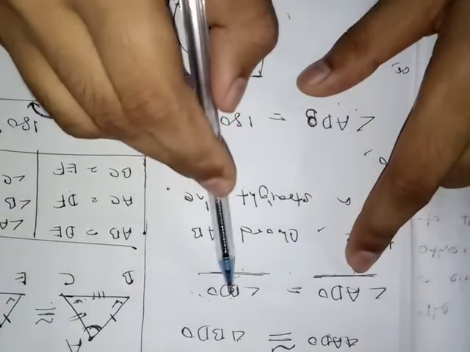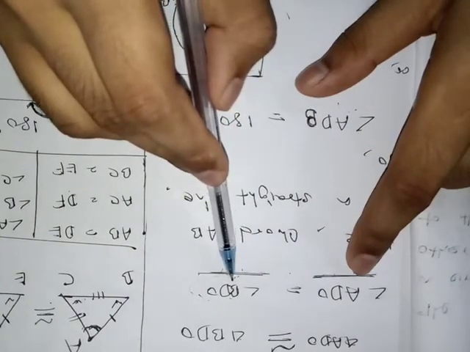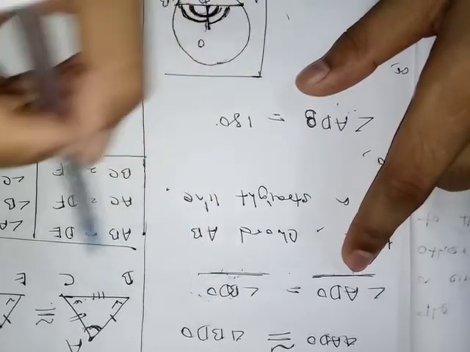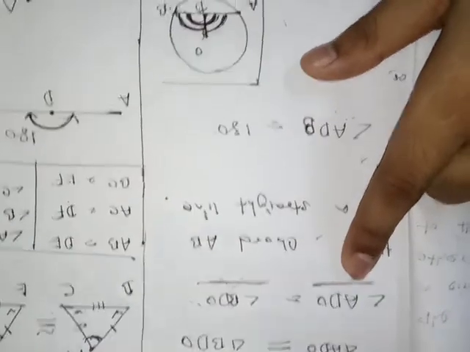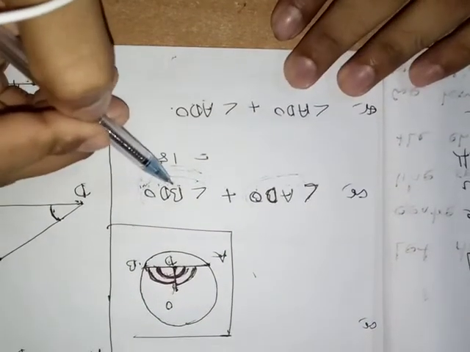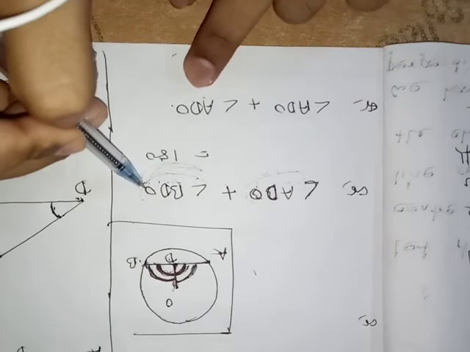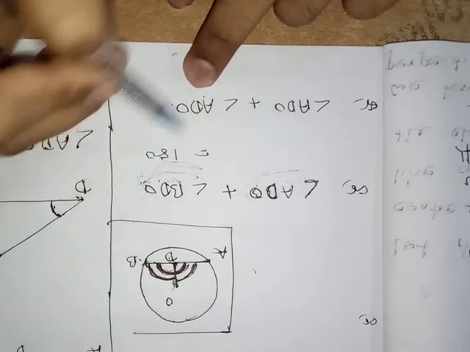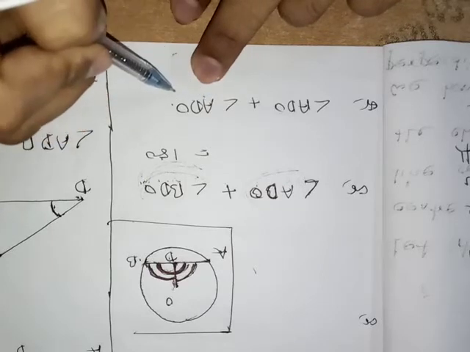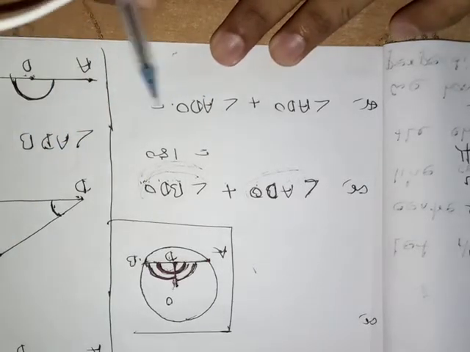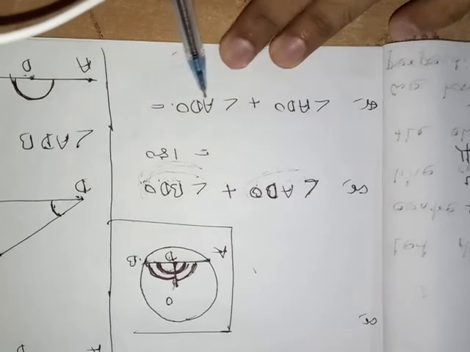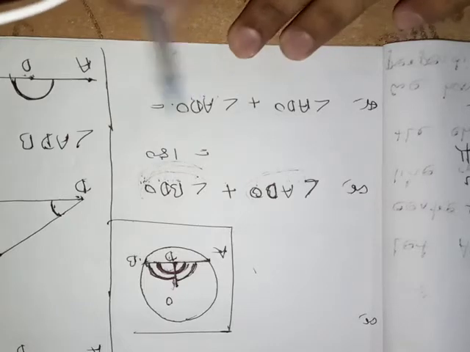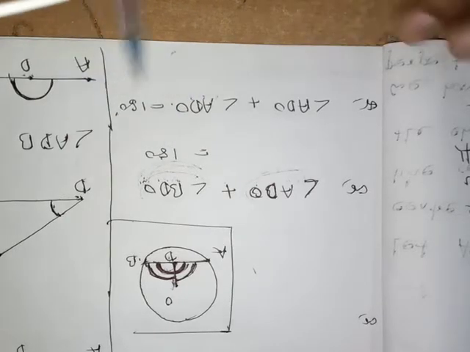So we can write angle BDO is equal to angle ADO in its place. We have written angle ADO instead of angle BDO since these two angles are equal, is equal to 180 degrees.